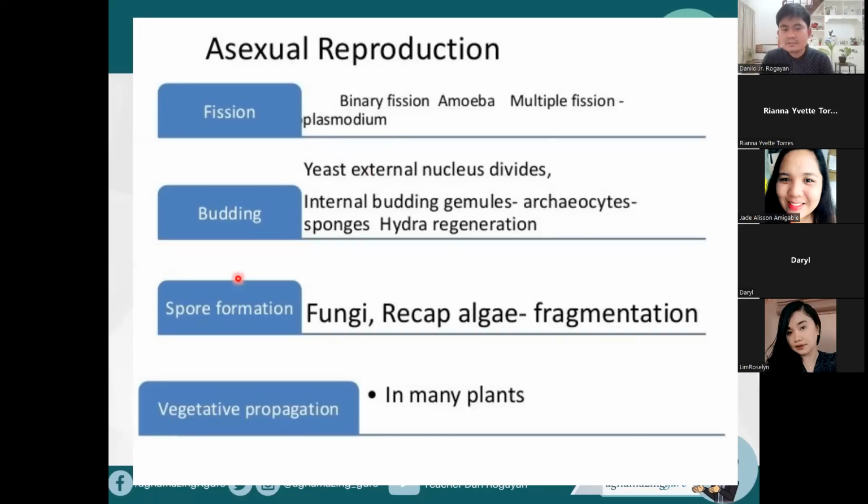We also have budding. Yeast is an example where the external nucleus divides. Internal budding includes gemmules, archaeocytes, and sponges like Porifera, and also hydra, which can also do regeneration.